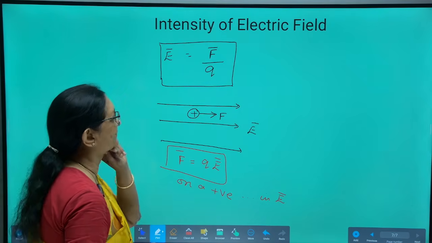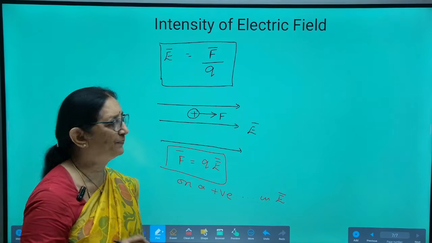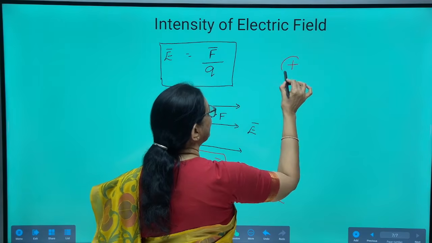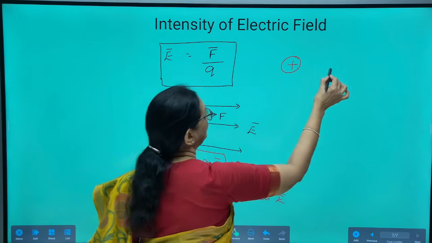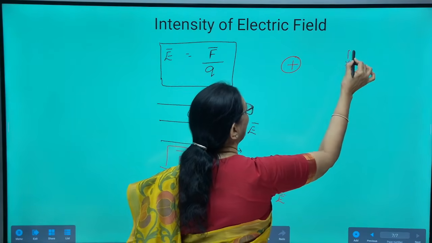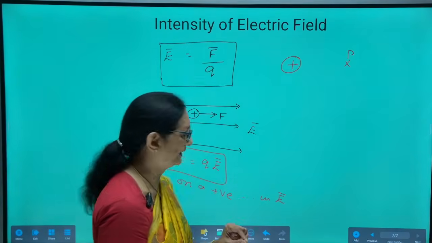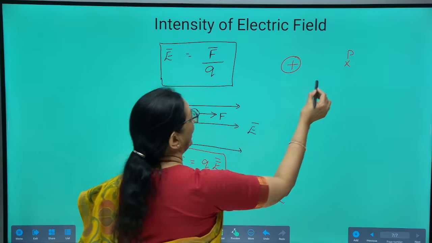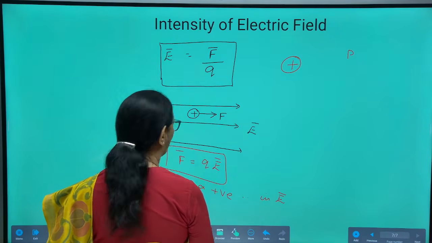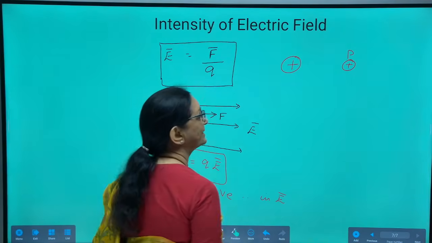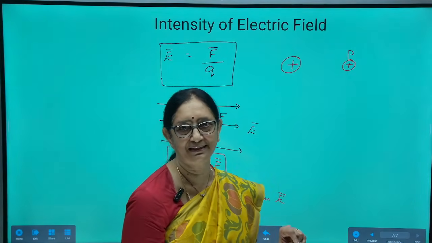because the electric field is the force experienced by a unit positive charge. Look here, suppose this is a positive charge. This is the point where we want to find out electric field intensity. At the point where we want to find out electric field intensity, we have to imagine a unit positive charge.